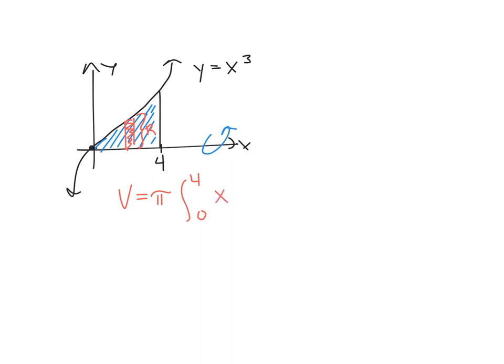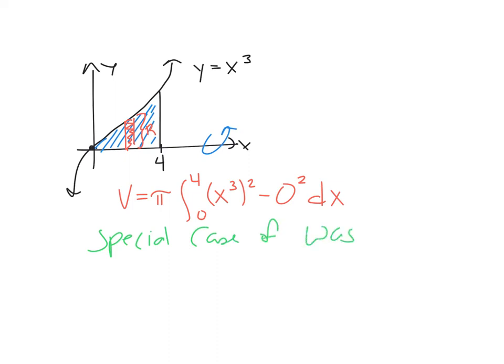Big R is x cubed squared, still minus little r, but now little r is 0 squared, dx. So this is a special case of washers that we call volume by, instead of a washer, we call it a disk.